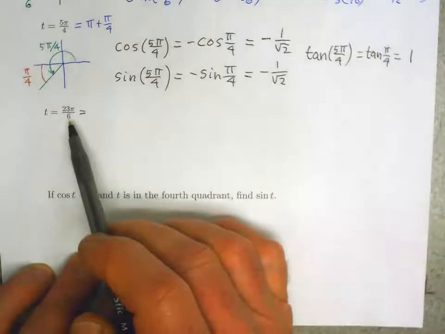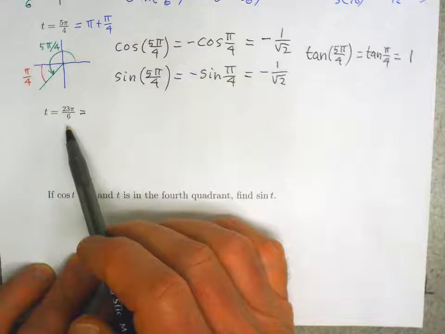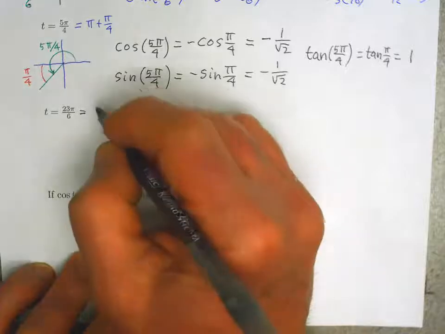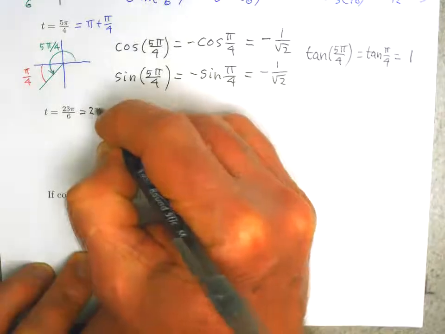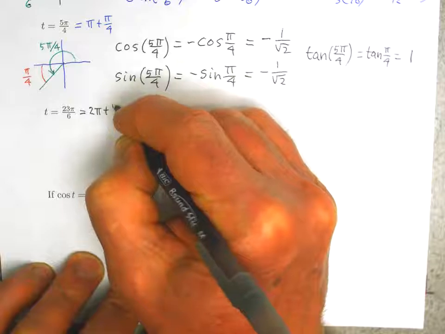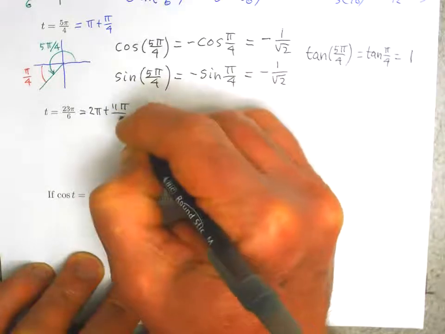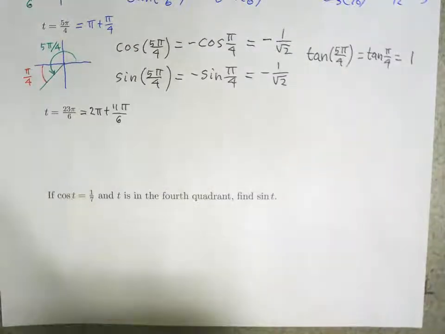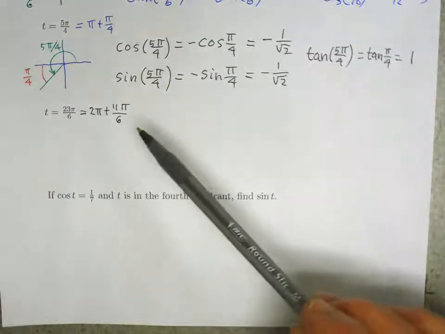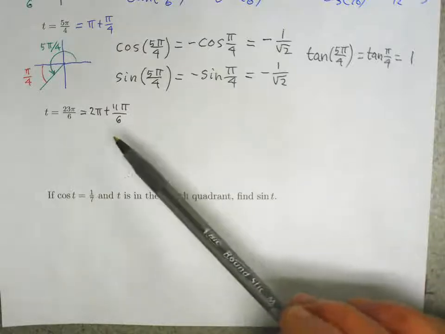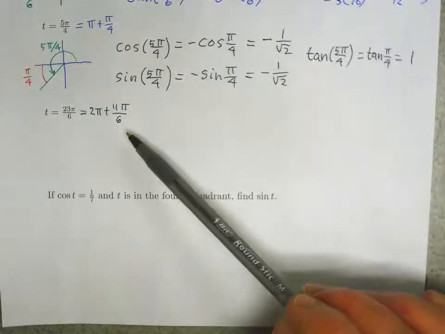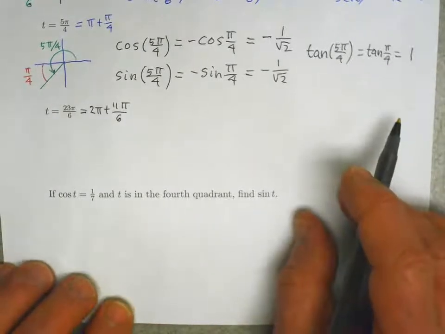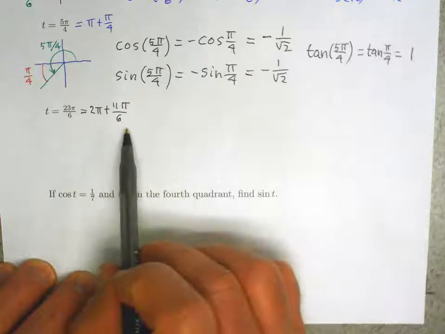Well, 12 pi over 6 is 2 pi, so you can think of 23 pi over 6 as 2 pi plus 11 pi over 6. So this angle is 1 complete revolution plus 11 pi over 6. So it's not quite 2 complete revolutions. It falls short of 2 complete revolutions by pi over 6.